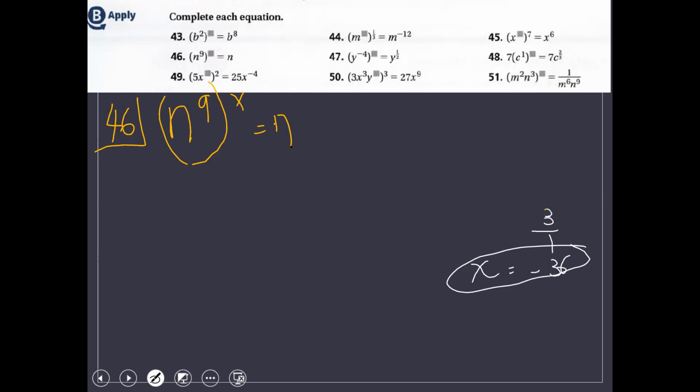So it can be written as 9x. 9x equal to what? Equal to n. Okay, so what is the power here? The power that if I raise n to it, it is still n. It is 1. So 9 times x equals 1. x is multiplied by 9, so divide by 9 on both sides. So x now is 1 over 9.